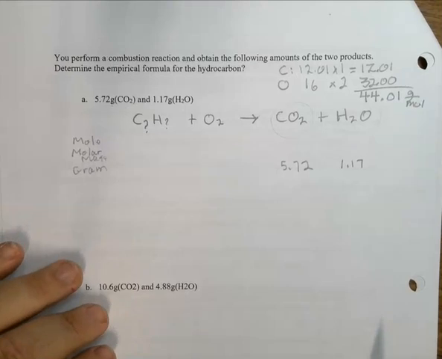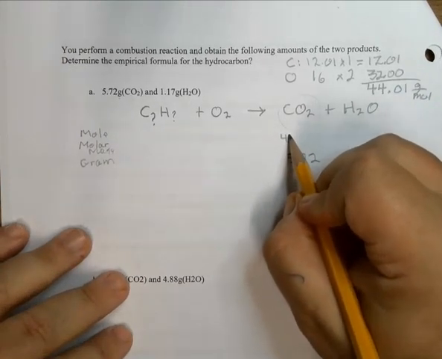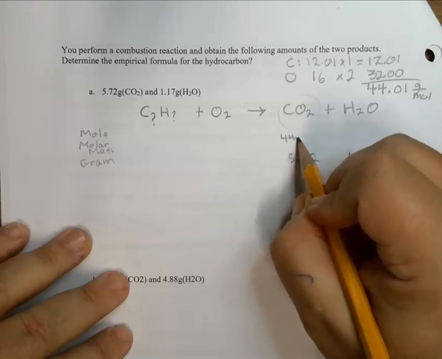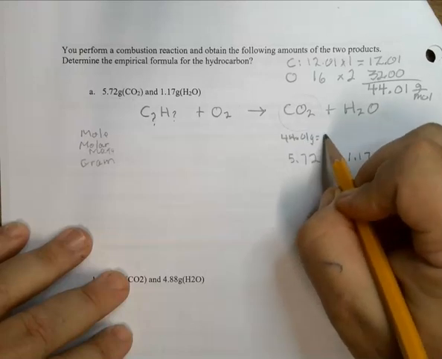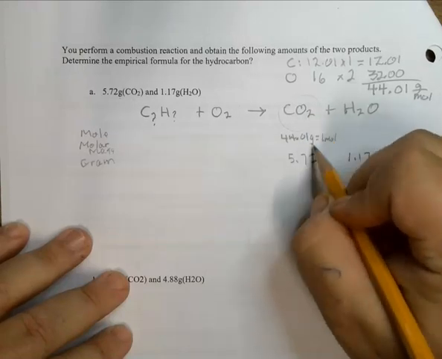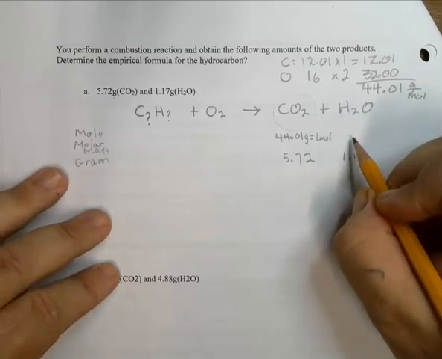Okay, so that's our molar mass. We can put that right here: 44.01 grams equals 1 mole. That's for CO2. It's in that column, so I'm not going to put the CO2 on the end. Okay, here we go. Water, same thing.